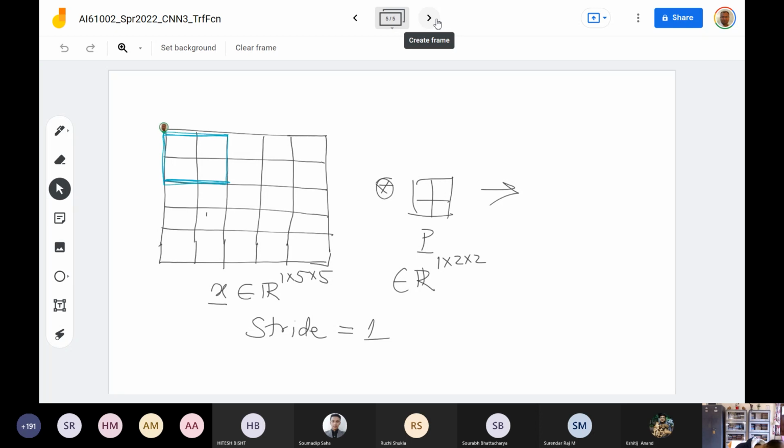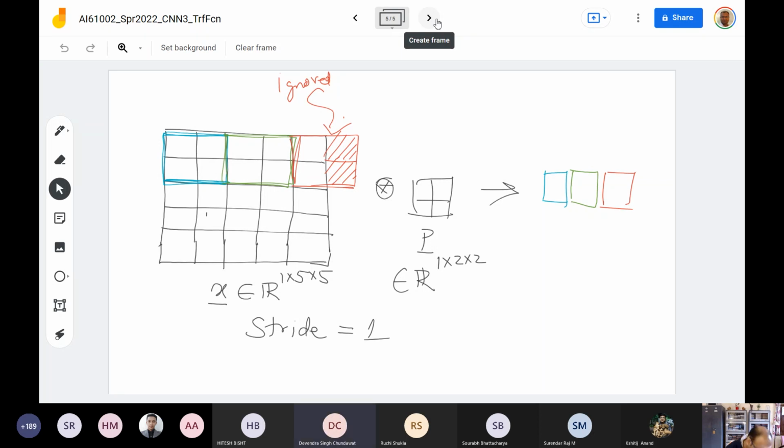My second location with a stride of 2 is going to be over here. My third location is going to be over here. Now these two are being ignored. Now what I get over there is this one, then this one, and then. Sir, we are taking stride of 2 if you are doing that. Yeah, I wrote down 1. So I moved with a stride of 2.